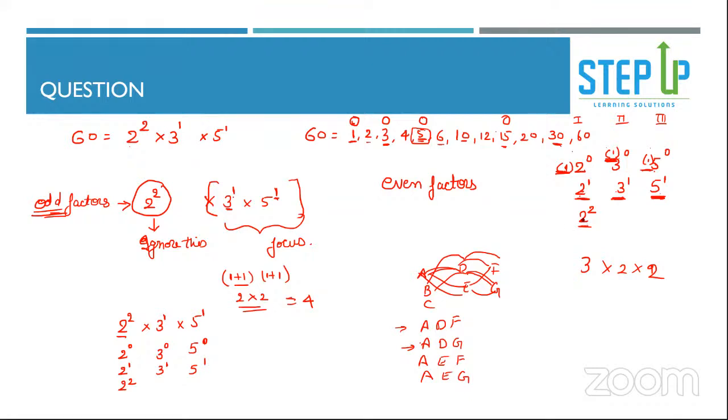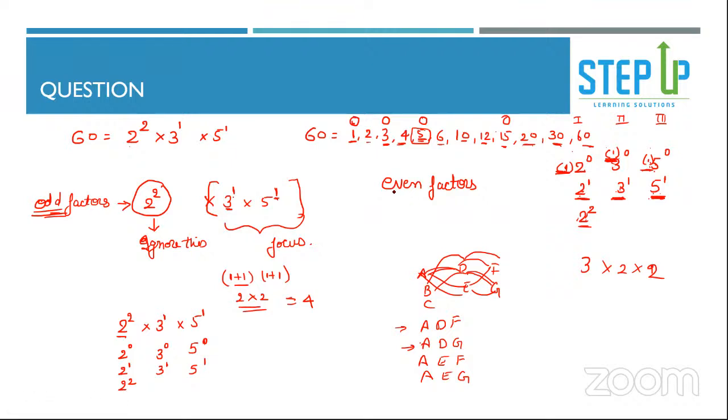Again, this 2 square is 4. 4 into 1 into 1 is giving you 4. 4 into 1 into 5 is giving you 20. 4 into 3 into 1 is giving you 12. 4 into 3 into 5 is giving you 60. So you see under every number we got this dash. It means that we have covered all the numbers.